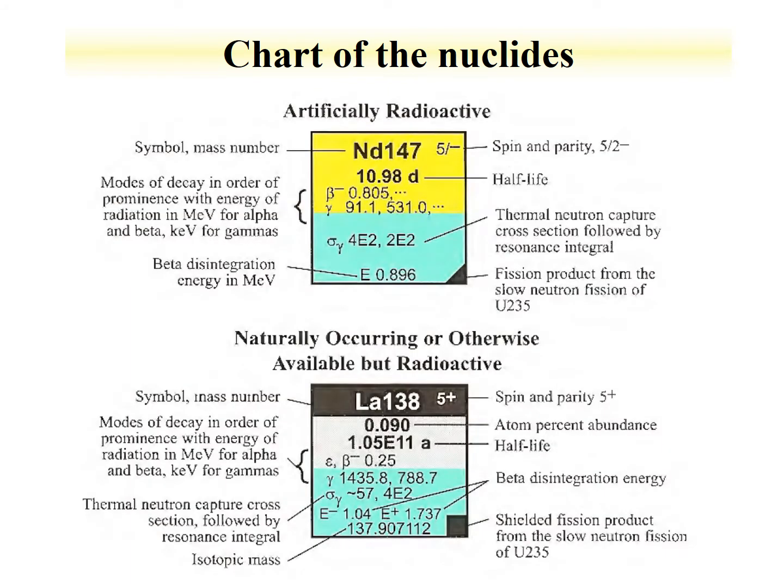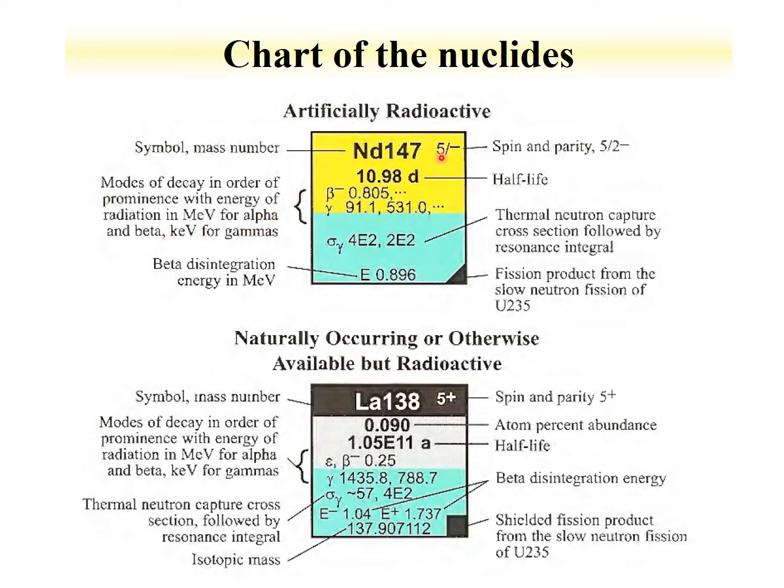Moving on to the radioactive isotopes. Their mass and symbol are shown here. It's non-gray. The color has to do with the half-life of the isotope, which can be seen in the legend. Spin and parity, again 5/2 minus. The half-life is 10.98 days. The modes of decay are followed by their energy, in MeV for alpha and beta, keV for gammas.